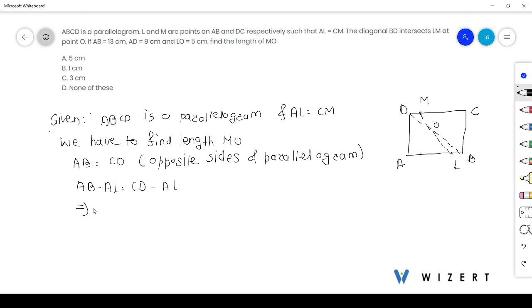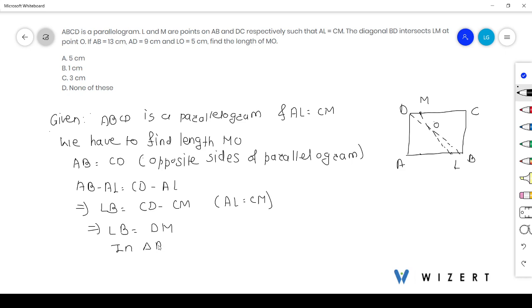Now AB minus AL is LB. This equals CD minus AL, which equals CD minus CM. So LB equals CD minus CM, which means DM.